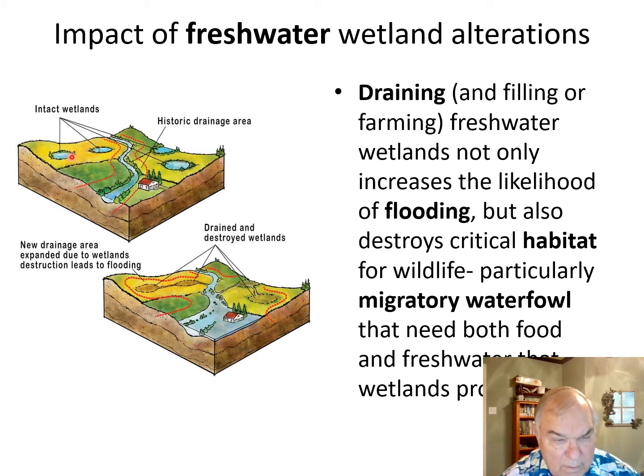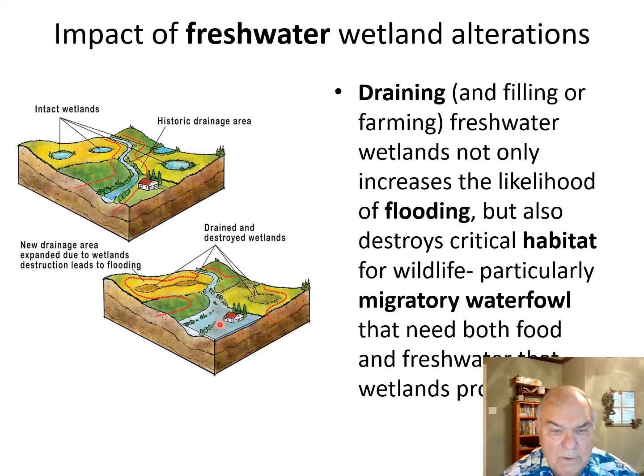The water that normally would have gone into those wetlands and slowly percolated into the soil was now draining. As you can see, it expanded the drainage area considerably, and so for the same rainfall, you get much increased watershed flow into the river, which ultimately could result in flooding of the farm property as well as equipment.